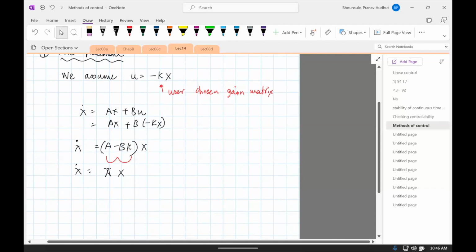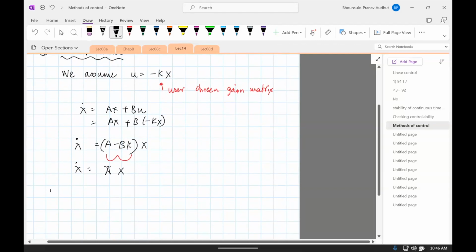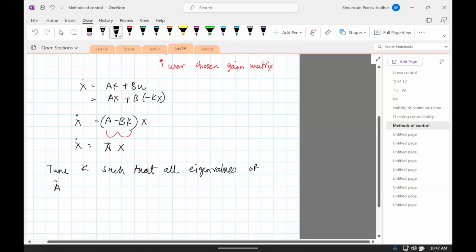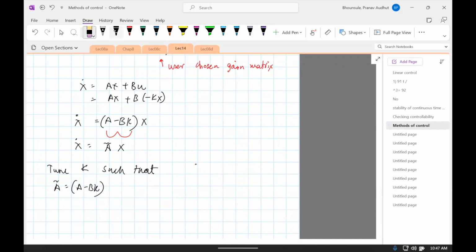So the idea here is to tune K such that all eigenvalues of A tilde, or A minus BK, have negative real part. In fact, you can place them wherever you want.